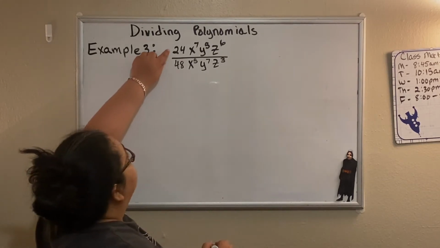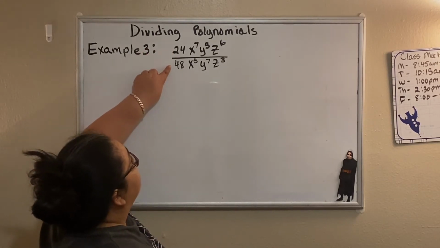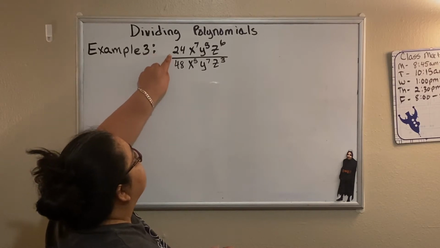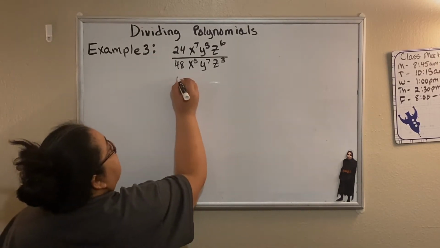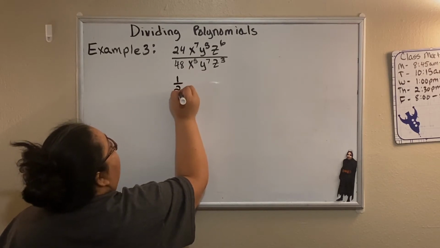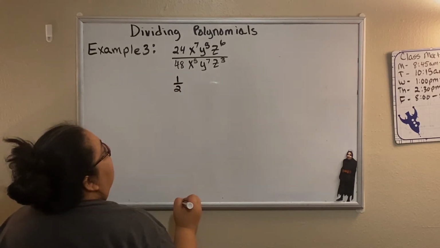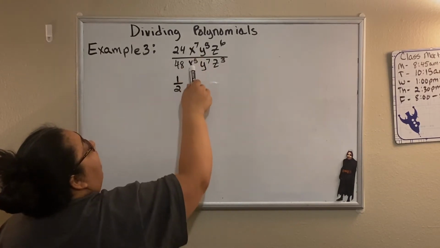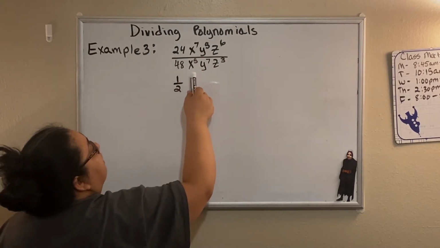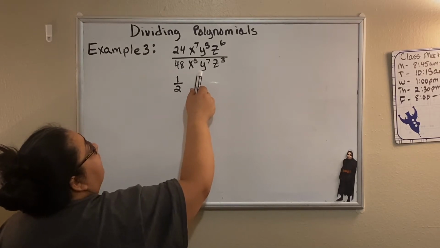So now we're going to divide the numbers first, and 24 divided by 48, well, that's going to be a fraction. 24 over 48 reduces to the fraction 1/2, okay? And now we're going to divide our variables the way we did in the last video.